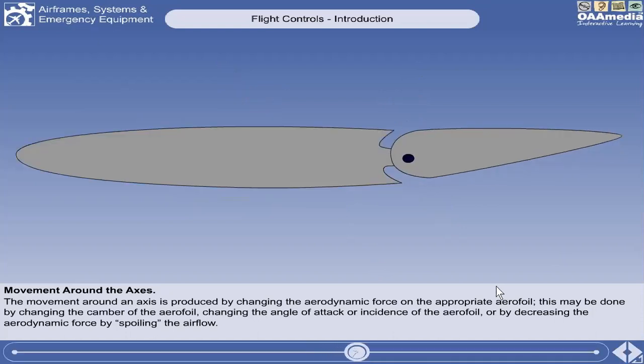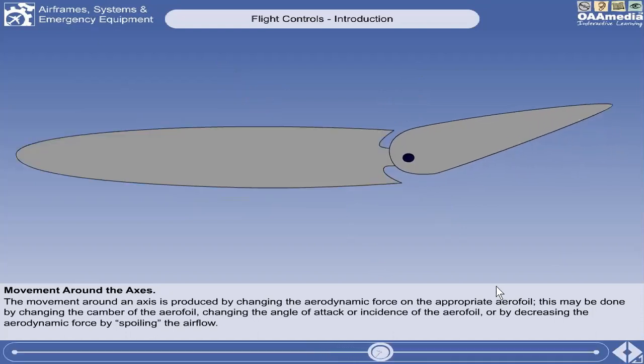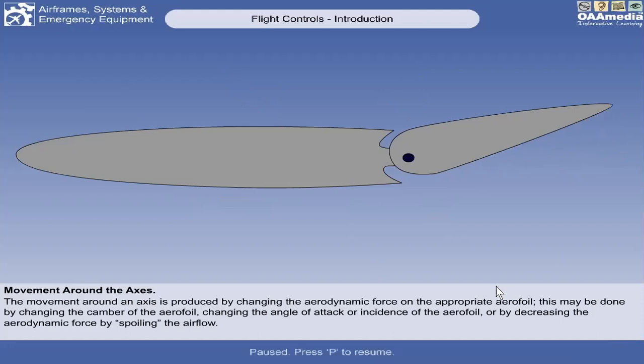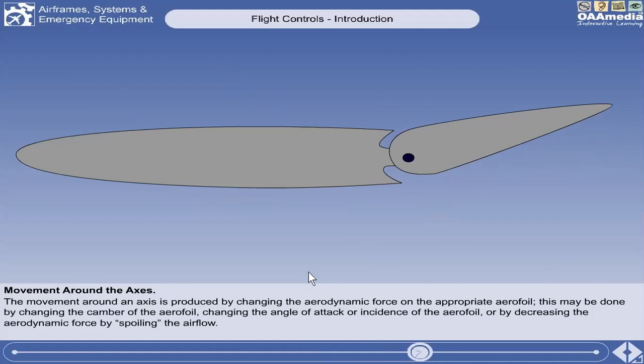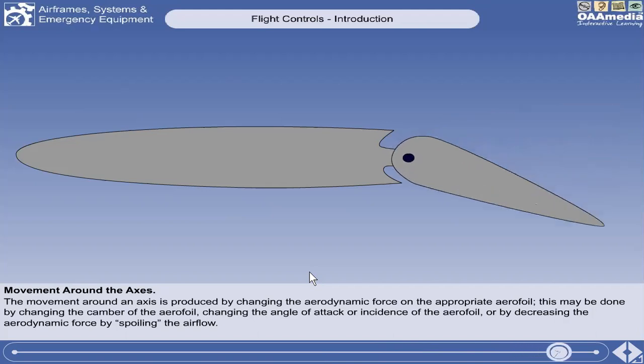The most common method used is to change the camber of the aerofoil. This is done by deflecting a control surface on the trailing edge of the aerofoil, either up, decreasing the camber and the amount of aerodynamic force generated, or down, increasing the camber and the amount of force generated.